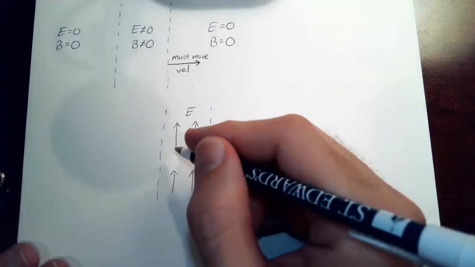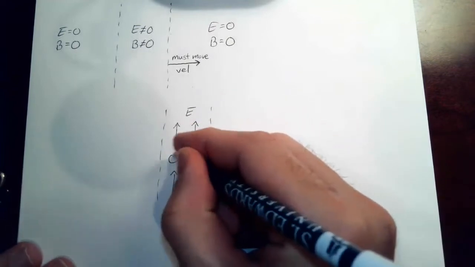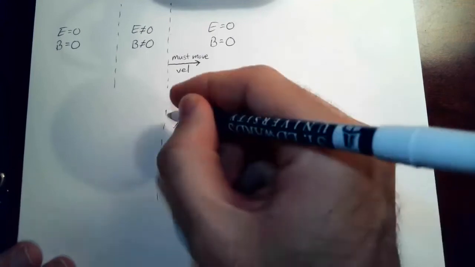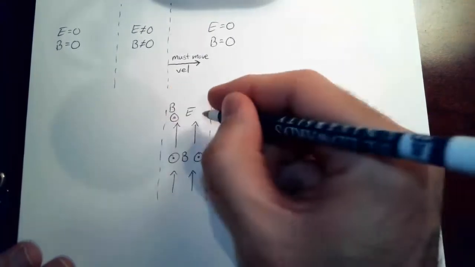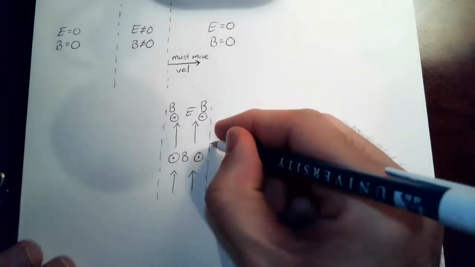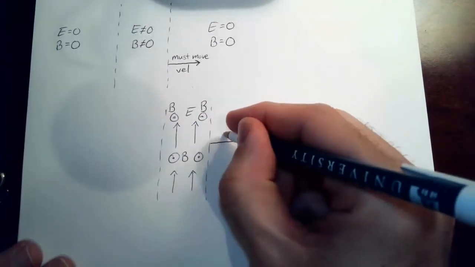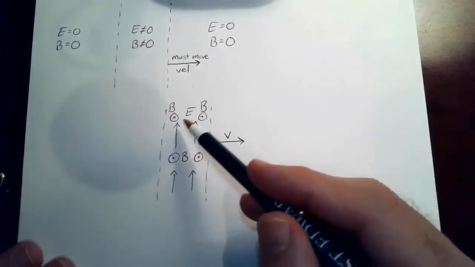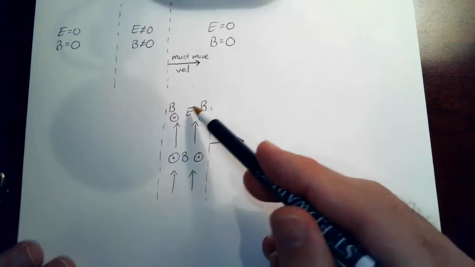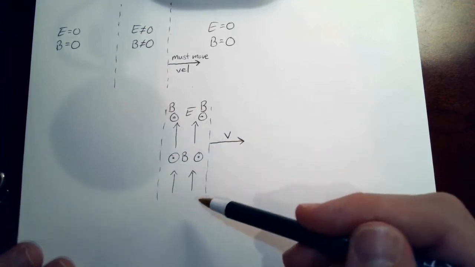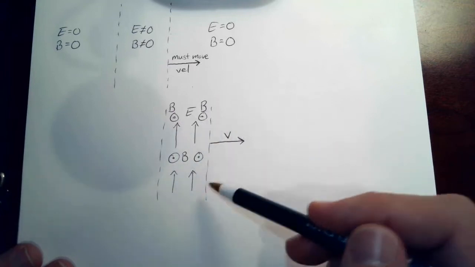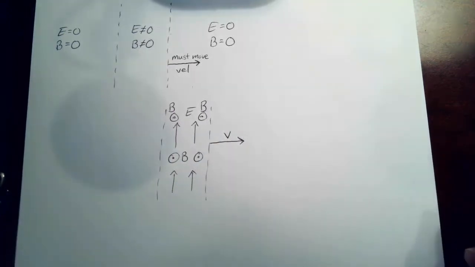Inside, it's pointing up, and the magnetic field is coming out. And this slab propagates to the right. The relationship between E, B, and V we will make concrete in just a minute, but this is one possible orientation that will solve Maxwell's equations.